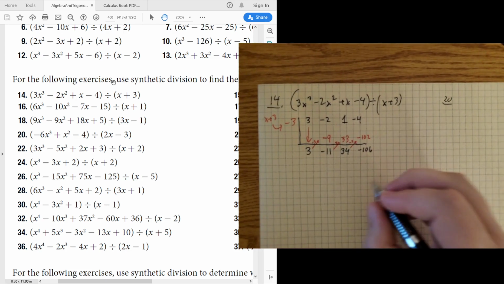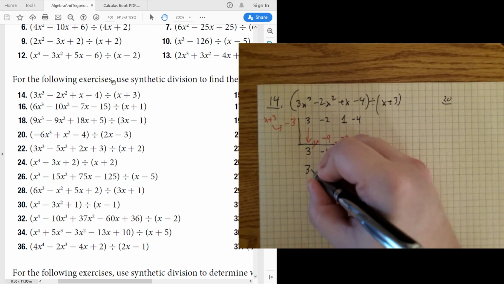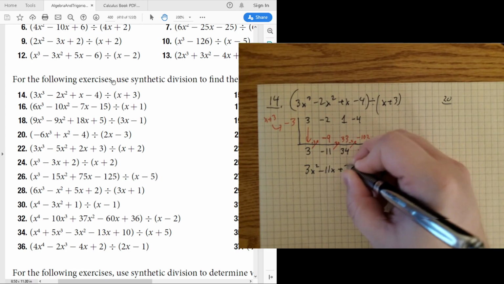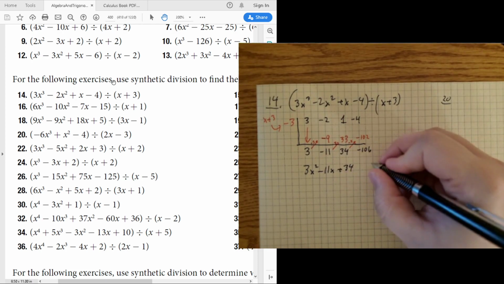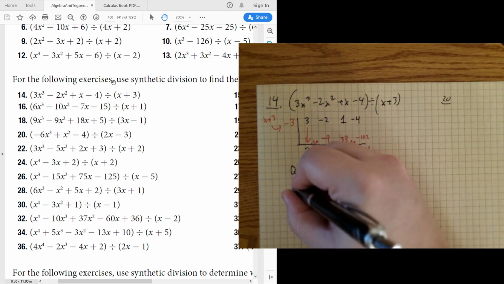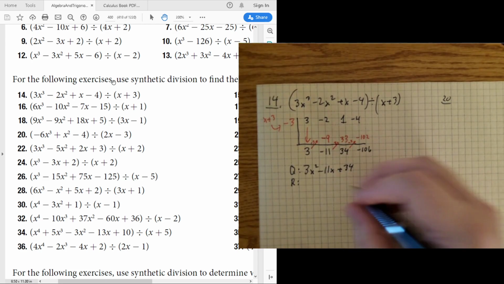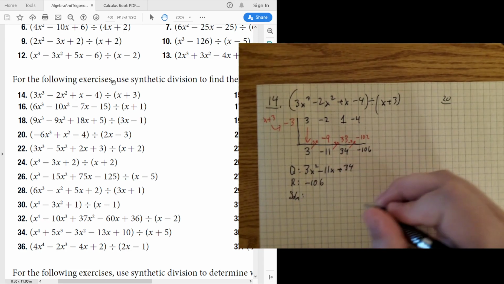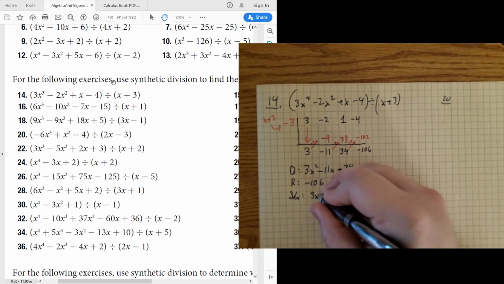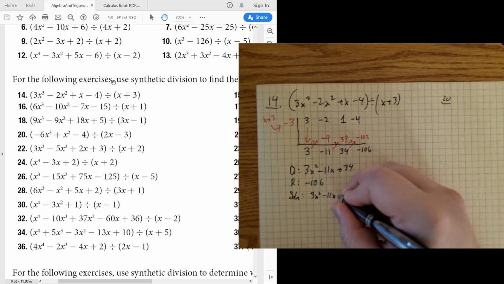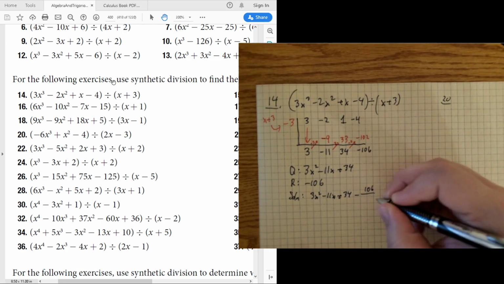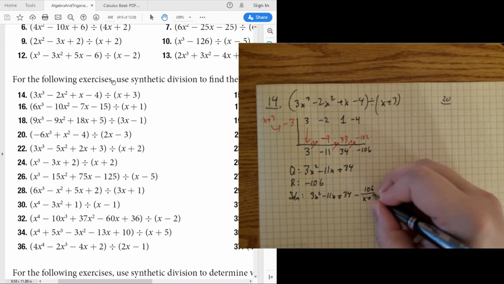Which means my solution would be 3x squared minus 11x plus 34. This would be my quotient. My remainder would be negative 106. My solution would be 3x squared minus 11x plus 34 minus 106 over x plus 3.